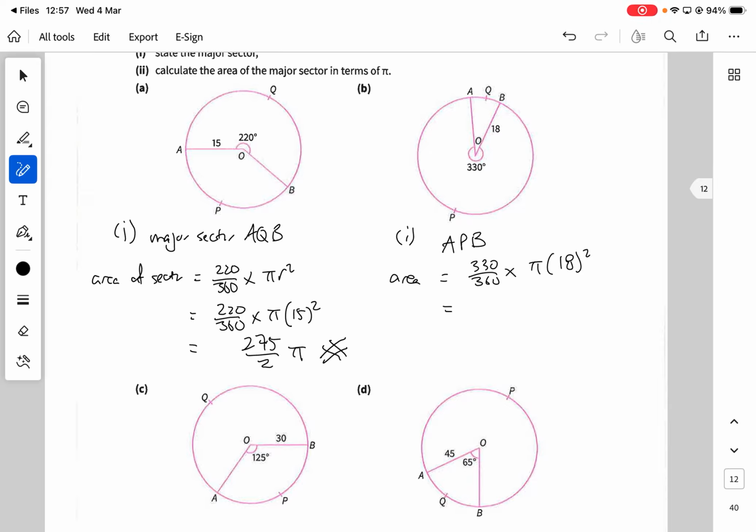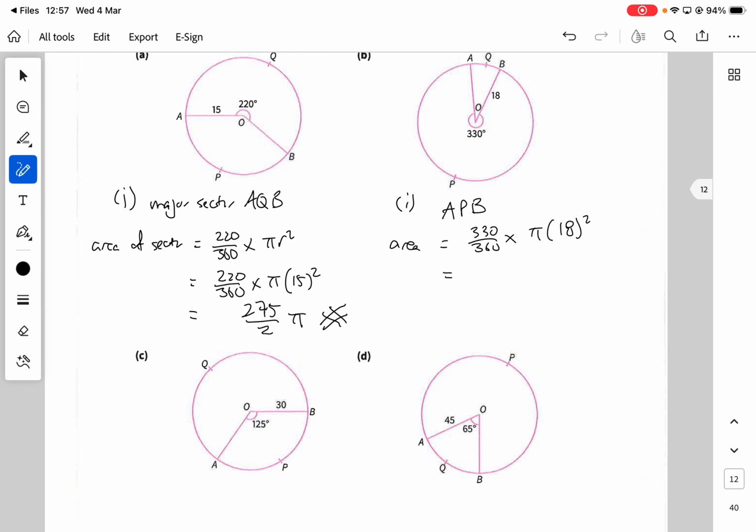If you have the answer key, it says O, A, Q, B. So you must start with O, sorry. O, A, Q, B. The previous questions never asked you to name, but the working is the same.